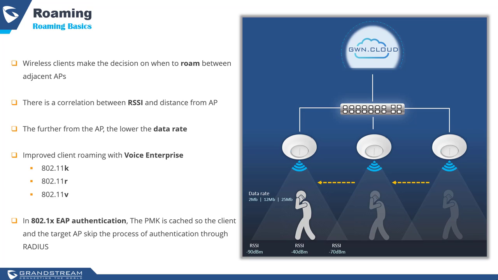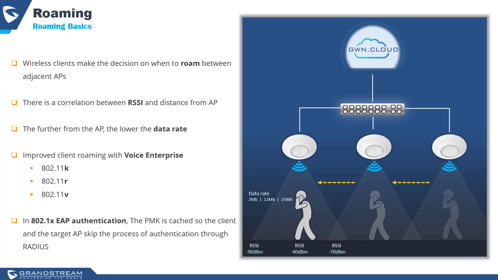For example, if you are using the Grandstream Wi-Fi phone, WP820, these phones come with the option where you can enable scanning intervals based on the RSSI. So if RSSI is good, you can reduce the amount of scanning, but when the RSSI gets really weak, then you want to increase the scanning interval.